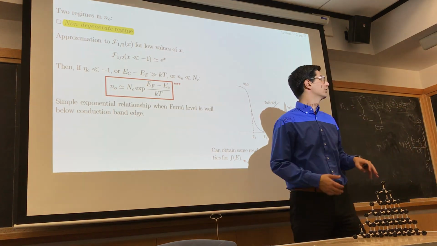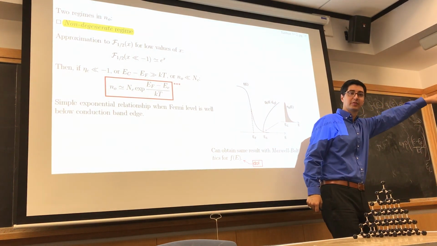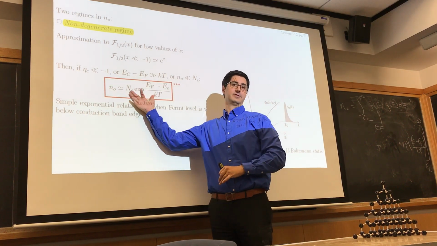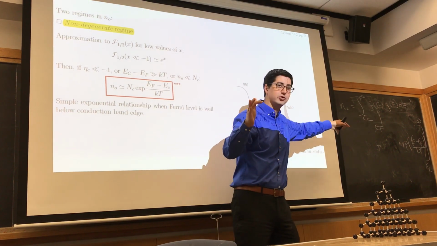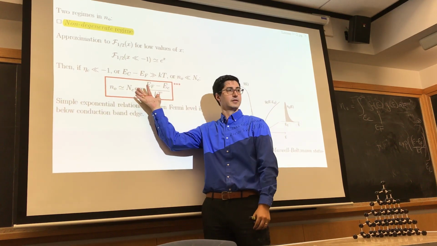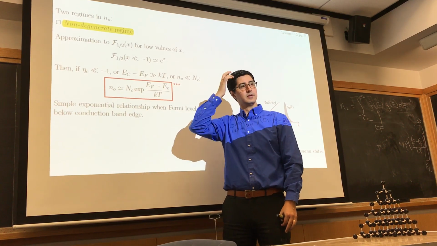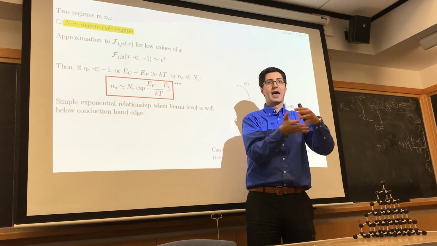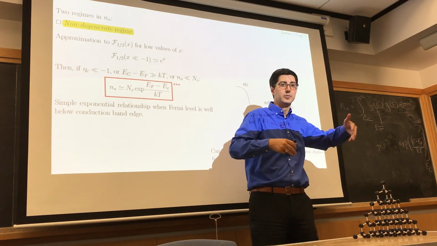I think it's a lot clearer to just make the Maxwell-Boltzmann approximation at first and do the integral. And if you do that, you're going to get this. I've already given you some intuition as to how you get it, but you just put the stuff in and do the integral and you get this. And you can see that the exact integral goes to that in the limit where the Maxwell-Boltzmann holds.